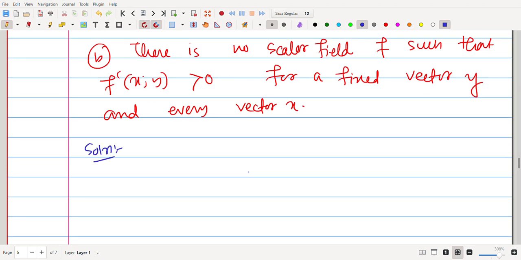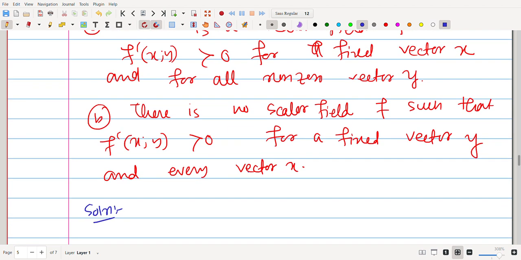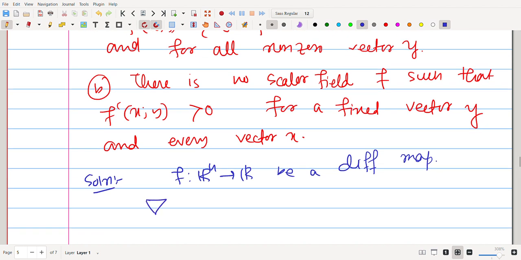So the solution. Let f be a scalar field. That means f, say from Rn to R, is a differentiable map. What is the gradient of f?